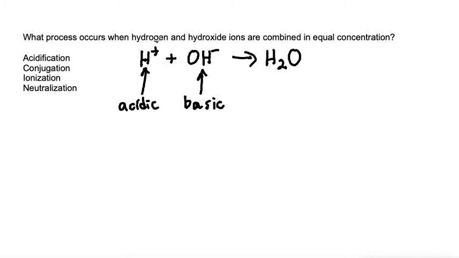So when they're in equal concentration, they neutralize each other to make a neutral compound, which is water. So since it makes a neutral compound, we call it neutralization. And that's pretty much what this question is asking. So the process is called neutralization.